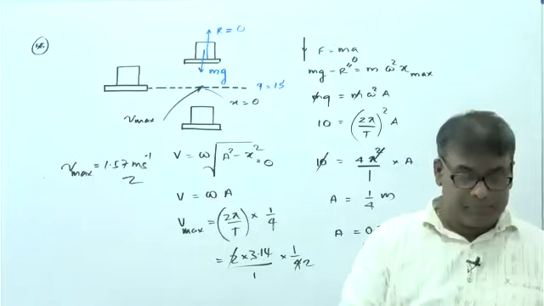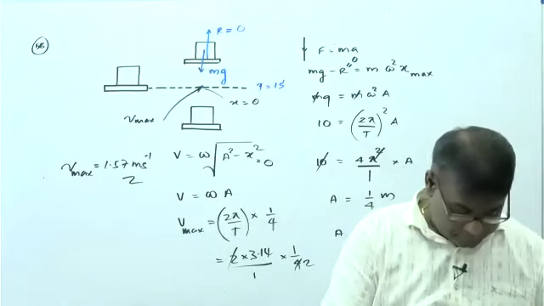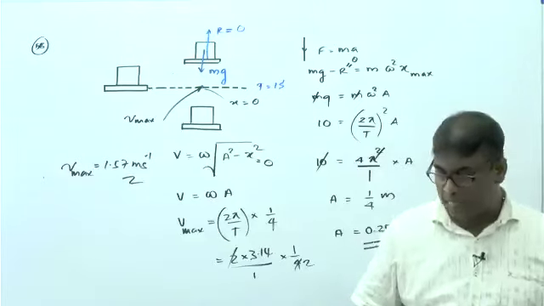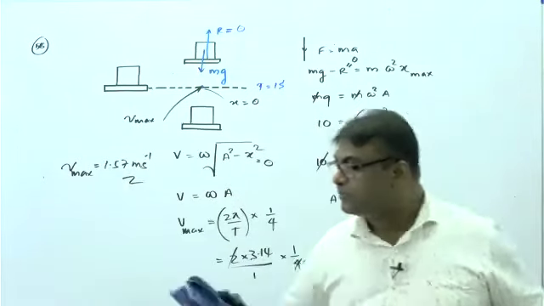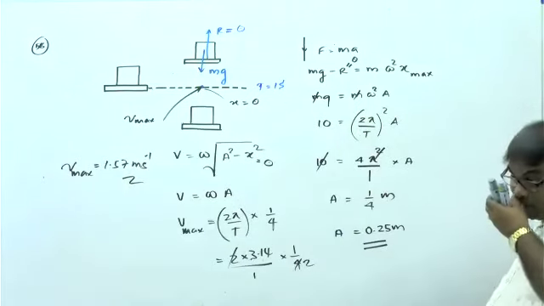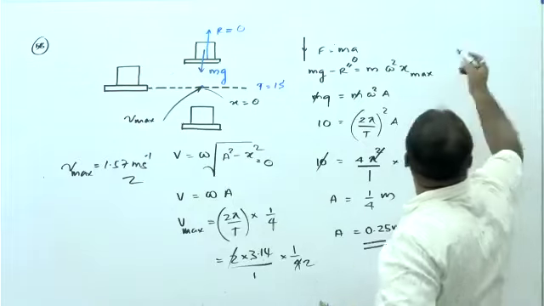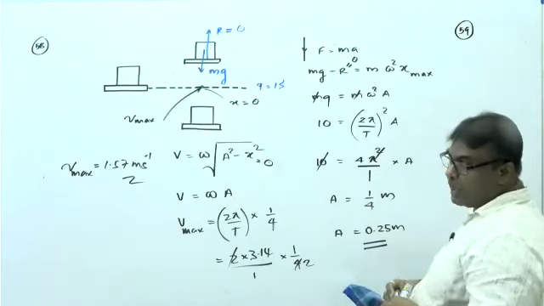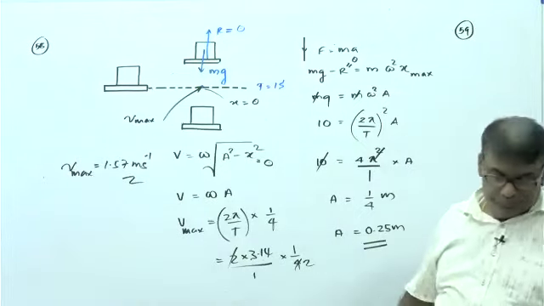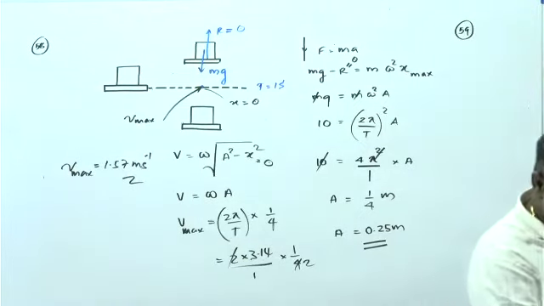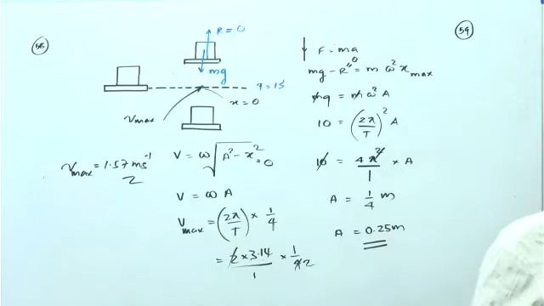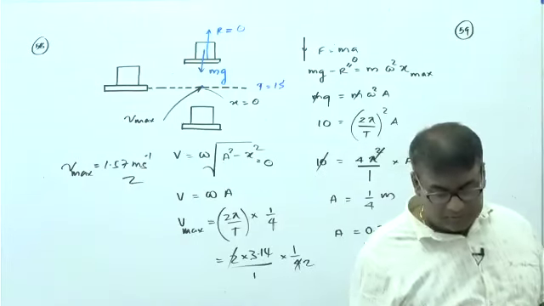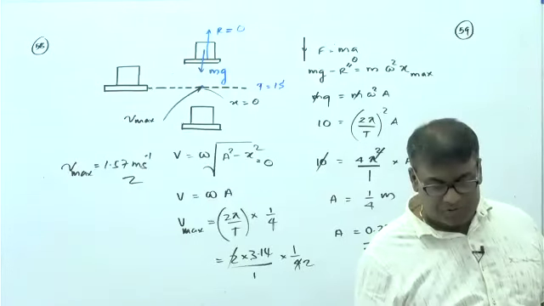58 complete. See, 59. Question number 59. Let's start. Number 59, a particle is executing simple harmonic motion.